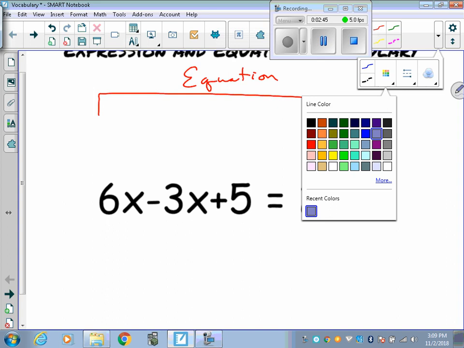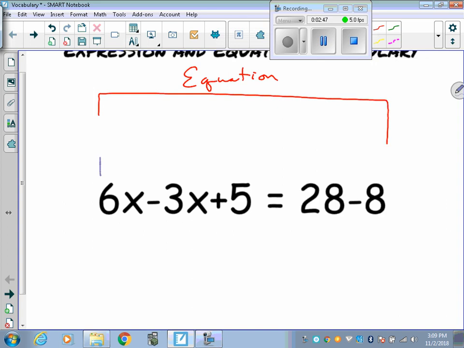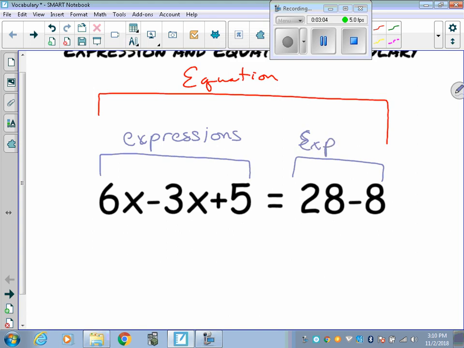Right here and right here are called expressions, because they do not have an equal sign. All right, and this one here too is an expression. Helps if I can draw or write an E.